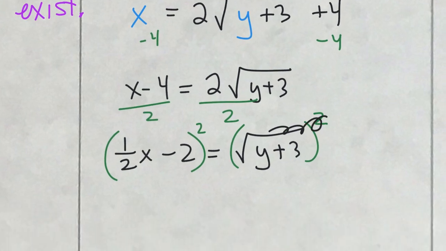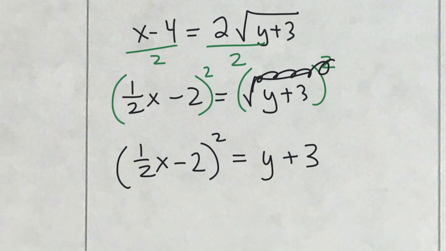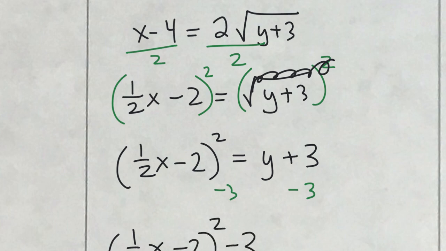On the right side, this cancels out. On the left side, I'm not doing anything. I'm just going to leave it as parentheses squared. I don't want to have to multiply that out unless absolutely necessary, and right now it's not. If you make it to calculus, it also won't be necessary to multiply that out.